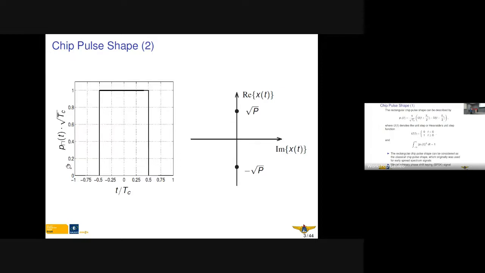So the chip shape here is normalized to 1. So it's 1 from minus 0.5 to 0.5 divided by the chip duration. And this is, in the complex plane, the received baseband signal. It's a BPSK signal. So we have two states. The signal is switching in between, and the two states are on the real axis in our case.